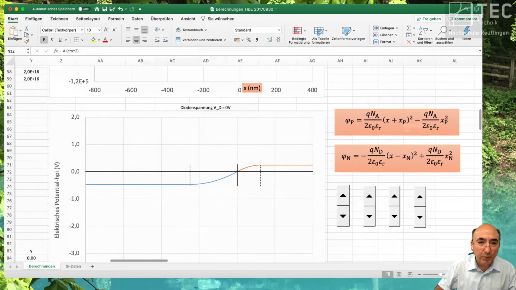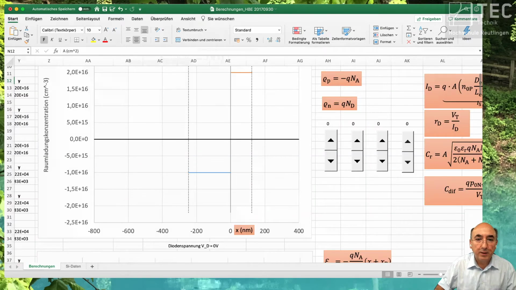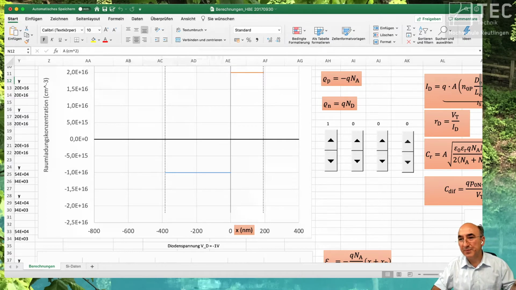So if now we apply a reverse bias, I click down here, minus, let's say 1 volt. No, I have made it a different way. The first digit is not very intuitive. The first digit represents a negative voltage.